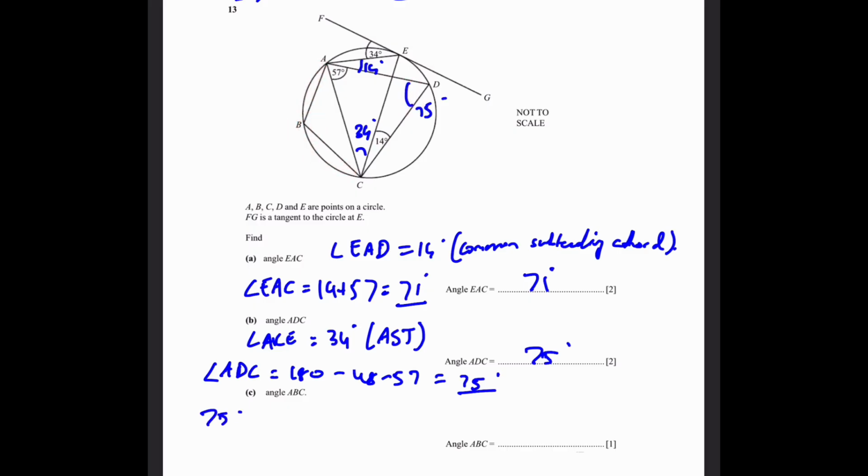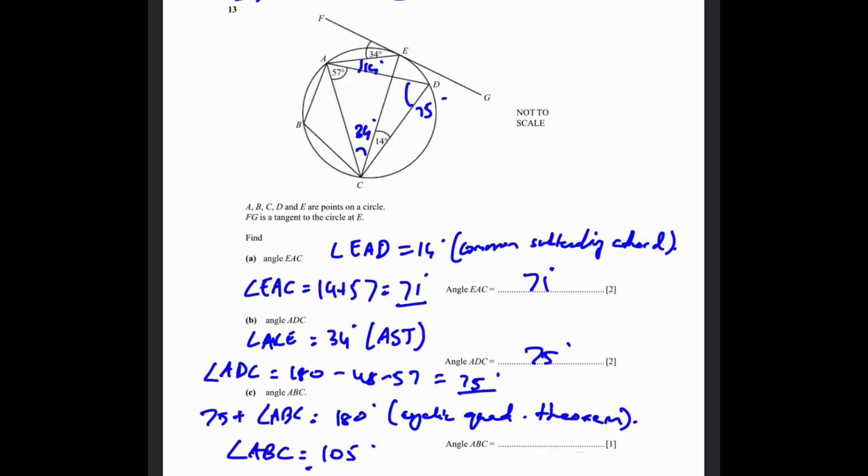So we can write that. And the reason, of course, is cyclic quadrilateral theorem. I'm just writing it in short form, cyclic quadrilateral, as quad theorem, but angle ABC is going to be anyway 105 degrees, which is our final answer.